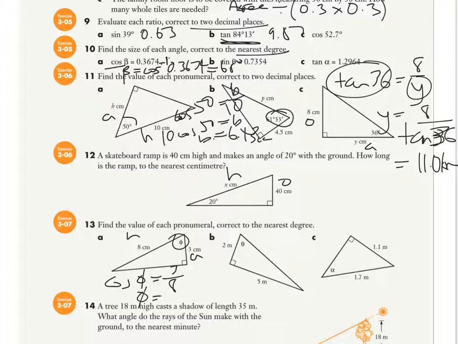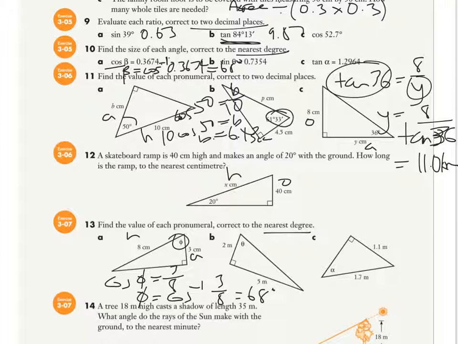We don't want the cos, so we do the inverse operation, which is the -1, 3 over 8, and we get to the nearest degree 68 degrees. Now B will be tan and C will be sine.